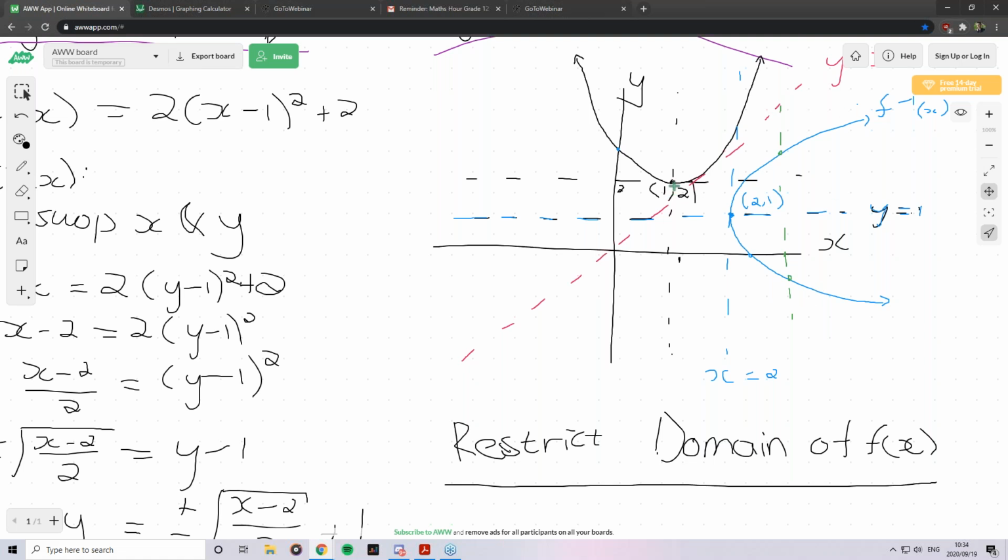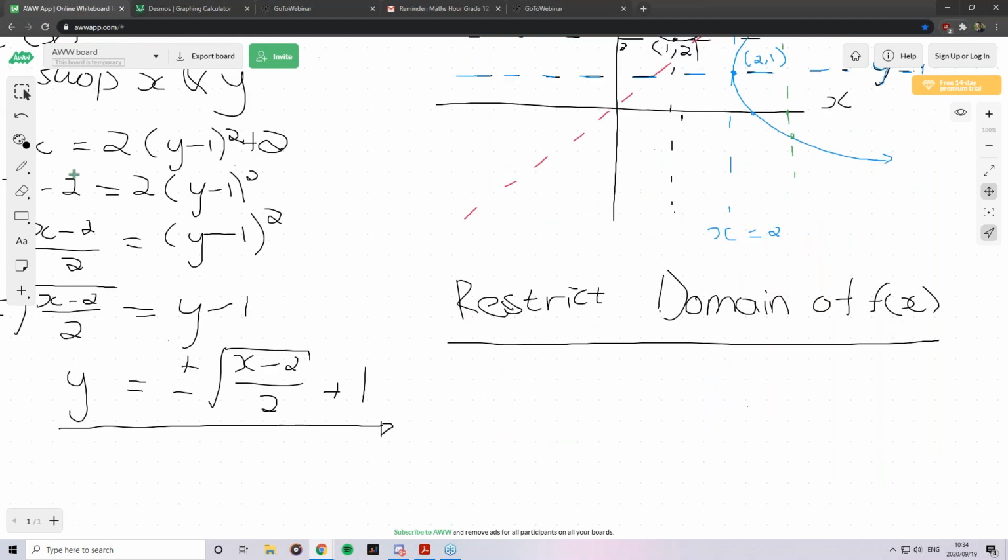So we can choose, obviously, to the right of this point. If it's to the right of this point and to the left of this point, it gives an issue, because the reason why there's two values is because this part goes up and this part goes down at the exact same rate. So what we can do is we can just say, when you're doing this in the test, you say either x is less than or equal to 1 or x is greater than or equal to 1.